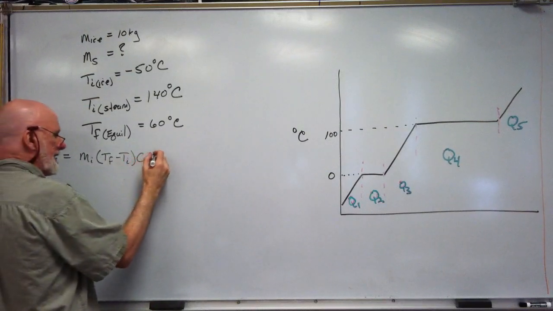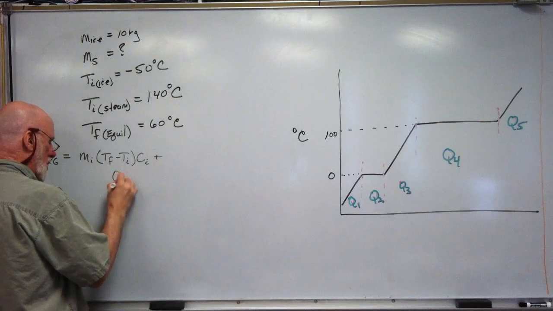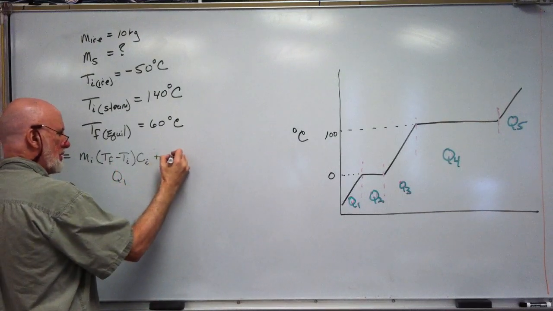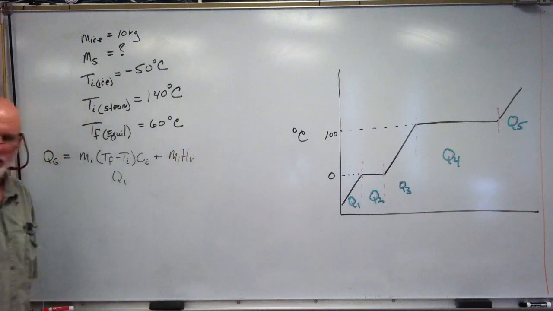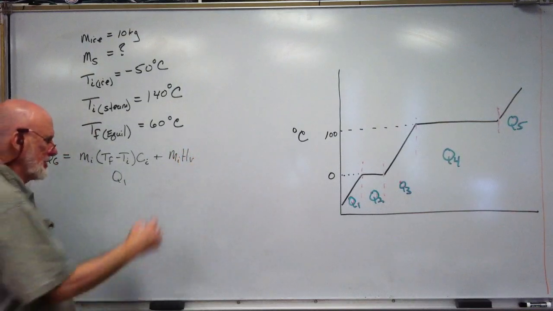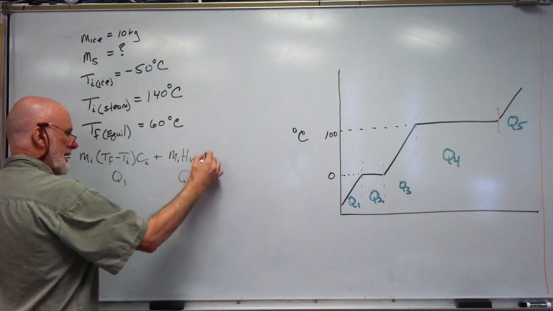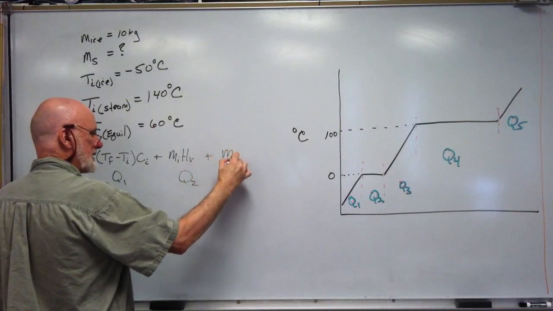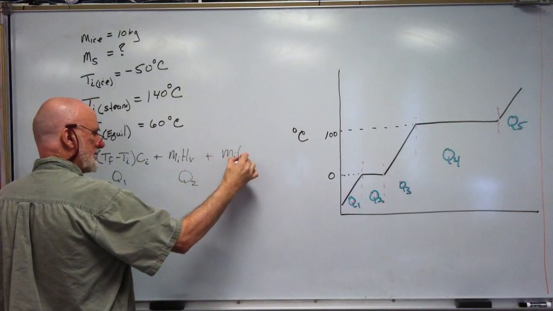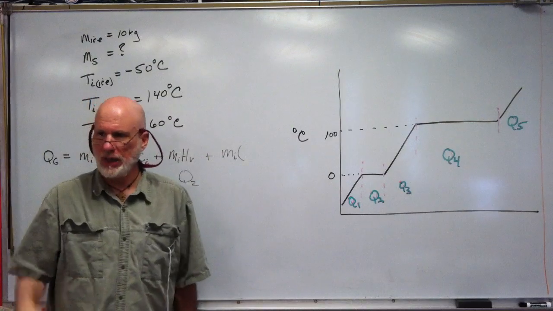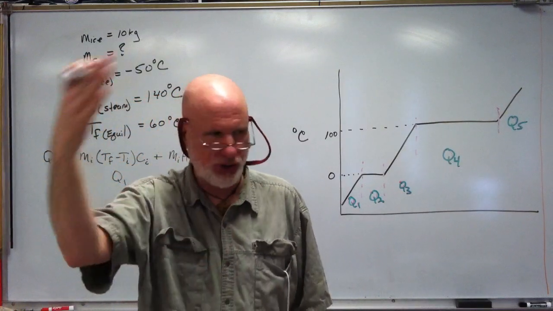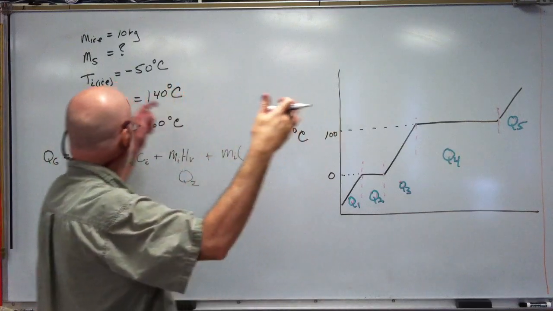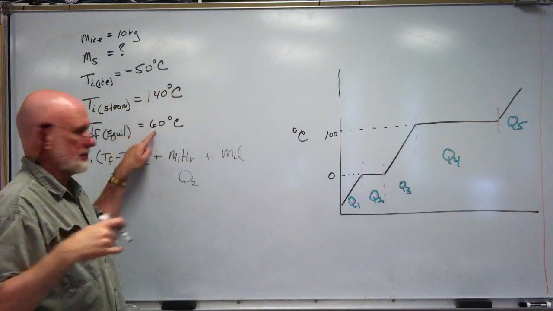And then I'm going to add to that, this is Q1, then Q2 is going to be the mass of the ice times the heat of fusion. That's Q2, correct? And then this is going to be the mass of the ice, and now we're in Q3, so it's going from 0 degrees as the initial to 60 degrees.